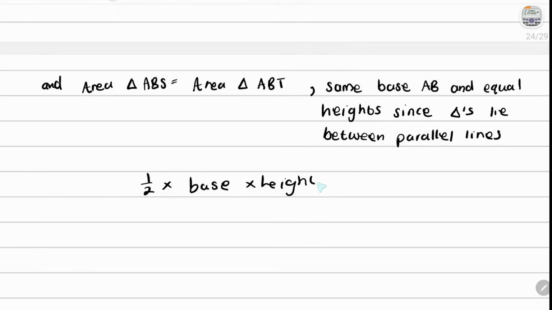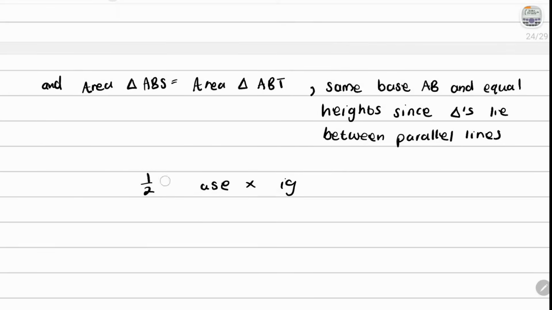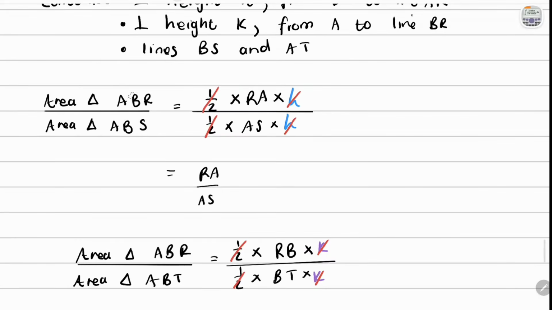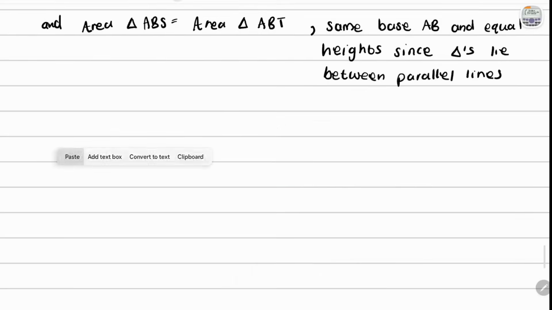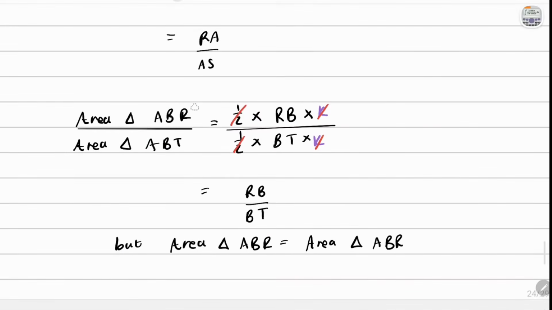So if the base and the height are exactly the same, it makes the areas of those two triangles exactly the same. Okay, so now that we have shown that, it would mean that the area of triangle ABR over ABS is indeed equal to the area of triangle ABR over ABT.